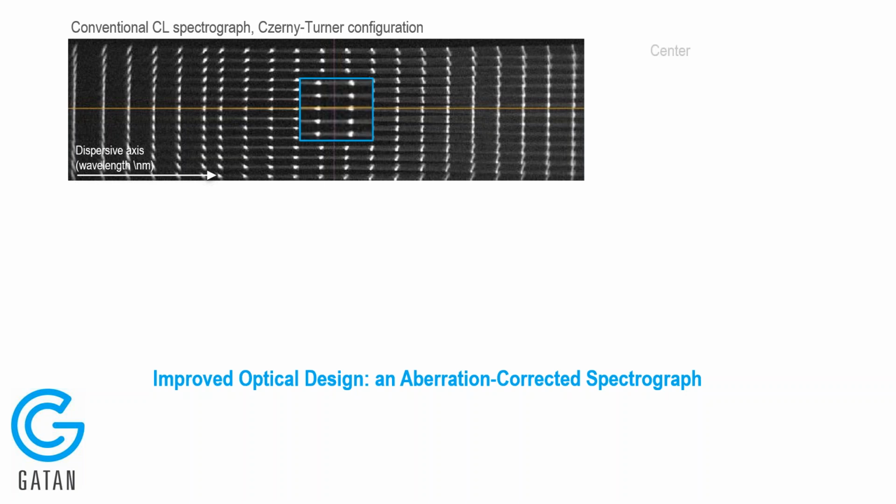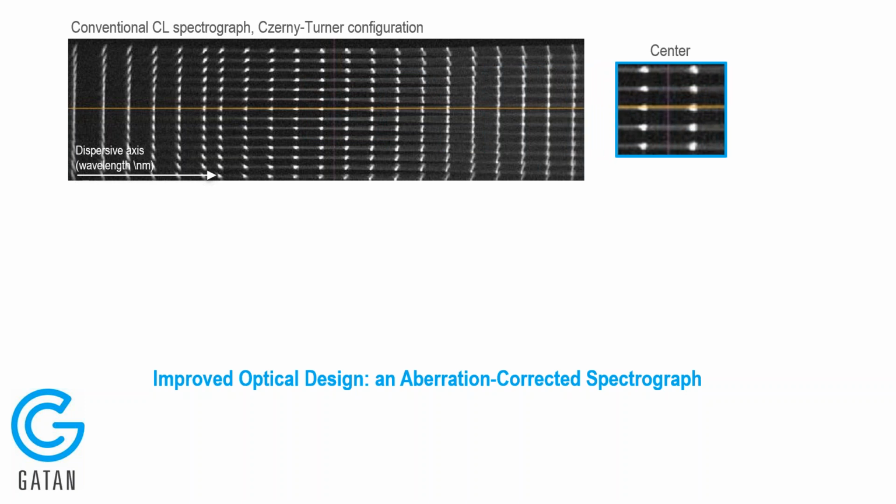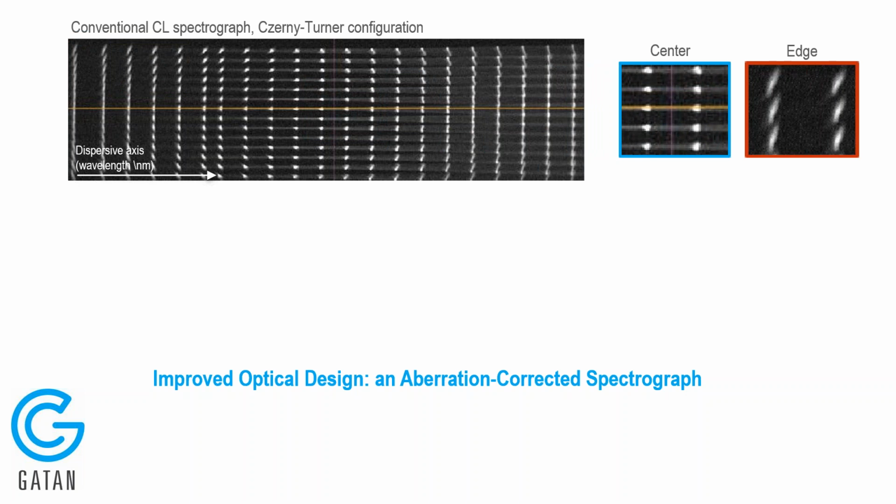There are aberrations. When we look at a series of spots that have been imaged through the system at the edge of the sensor, you can see that rather than nice round spots being imaged on our detector, they've actually been elongated through aberrations into these ellipses. This loss in intensity means that we have peaks which are broader and less intense. So we have poorer spectra as a result of it.